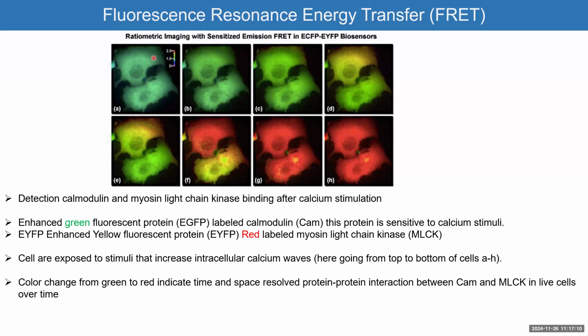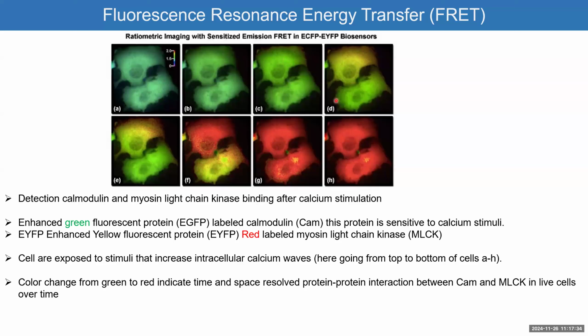So whenever you see green GFP, you can see it's fused to calmodulin. And then whenever you see red, then it is the myosin light chain.